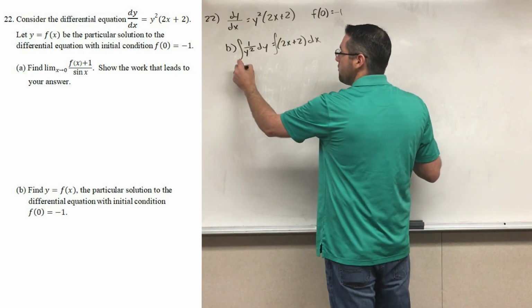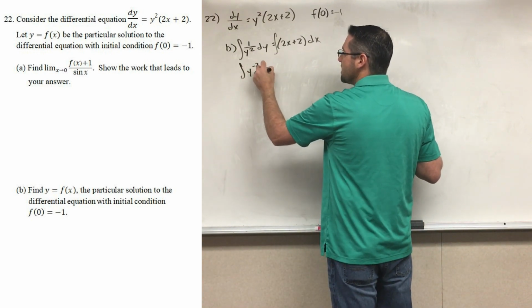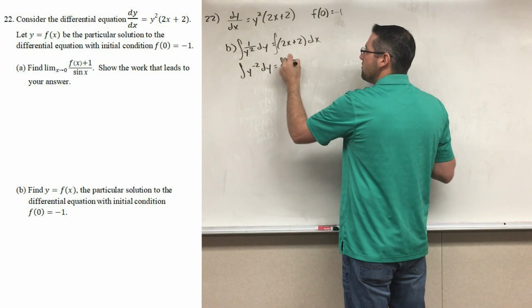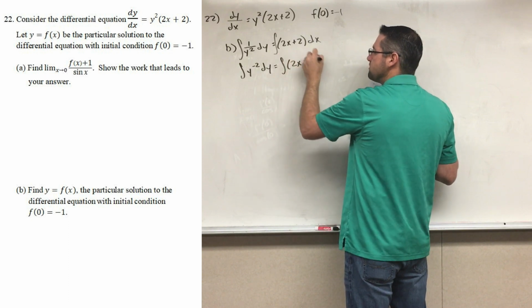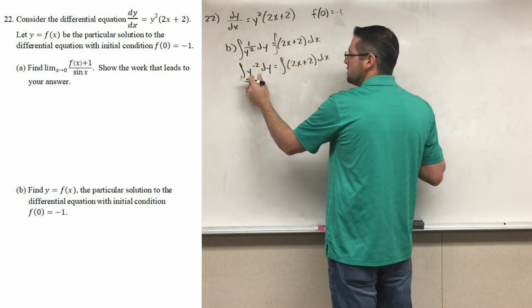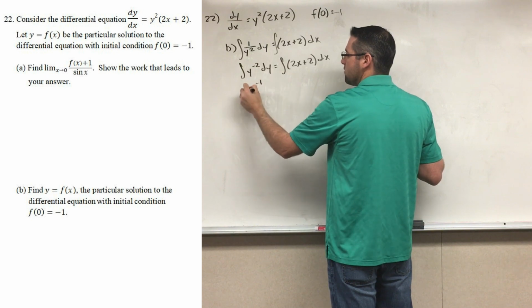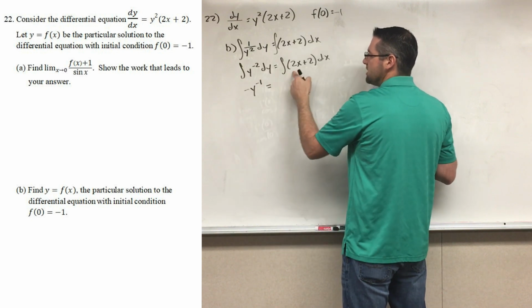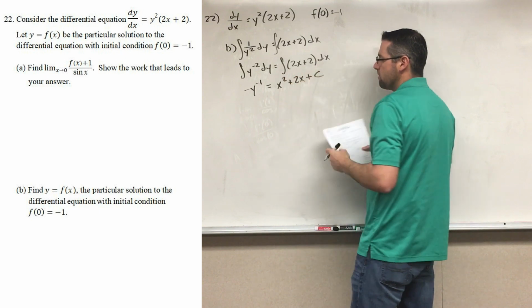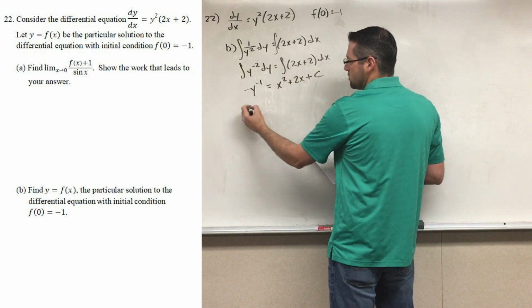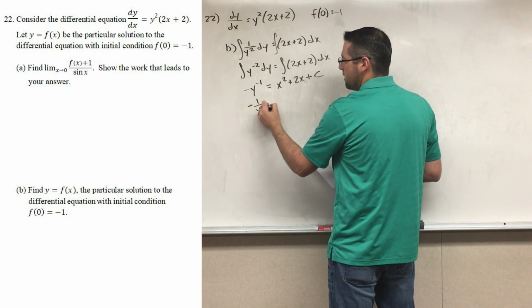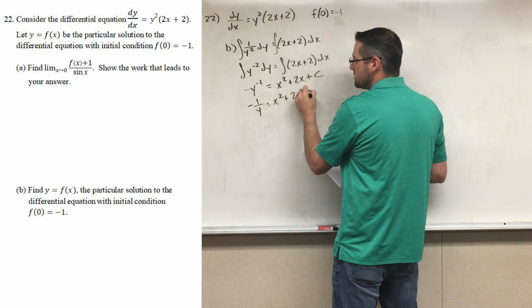So what we have to do first is actually rewrite that as a negative exponent before we take the antiderivative. So the antiderivative of this is going to be y to the negative first with a negative out front. The antiderivative of this is going to be x squared plus 2x plus c. And then from here, I'll just rewrite this as negative 1 over y equals x squared plus 2x plus c.